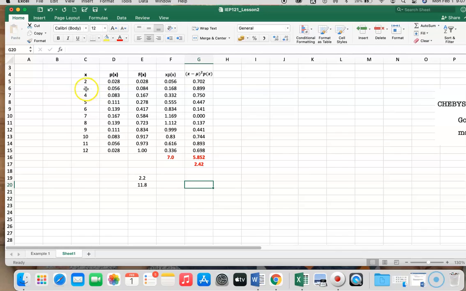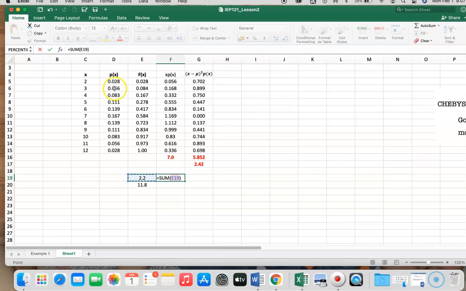So here, we add P of 3 until P of 11. Adding them all, the sum of P of 3 until P of 11 is 0.945, or 94.5%.